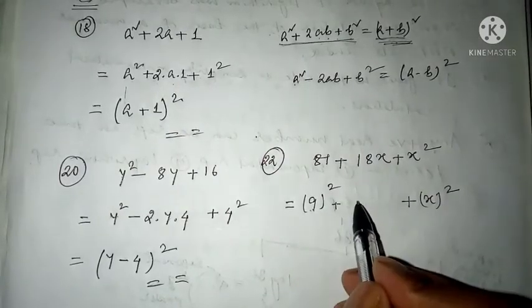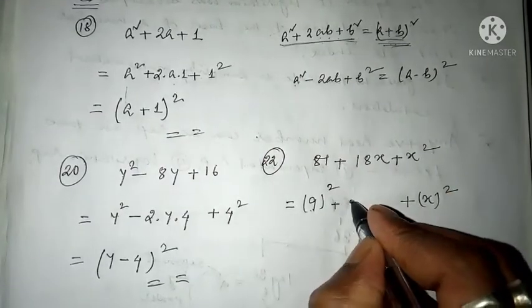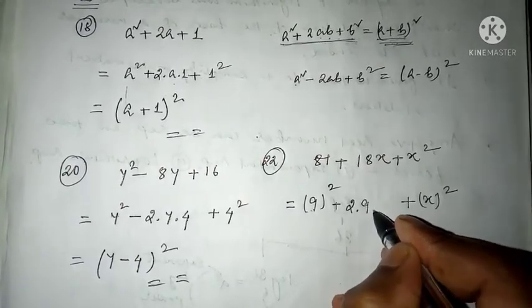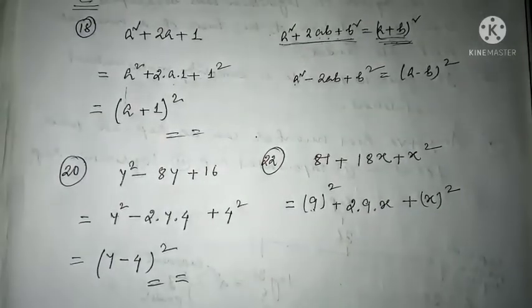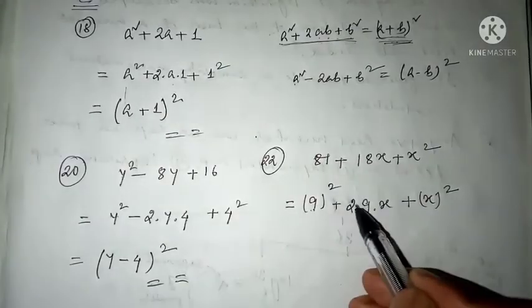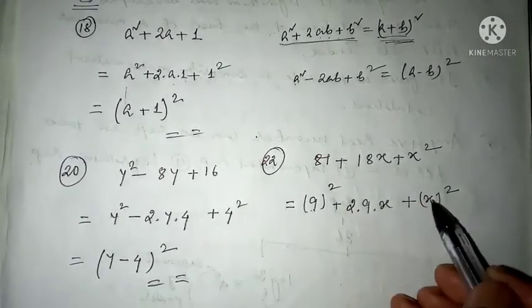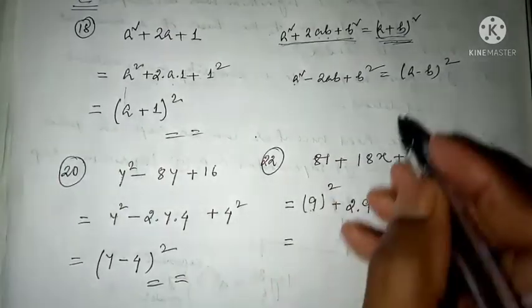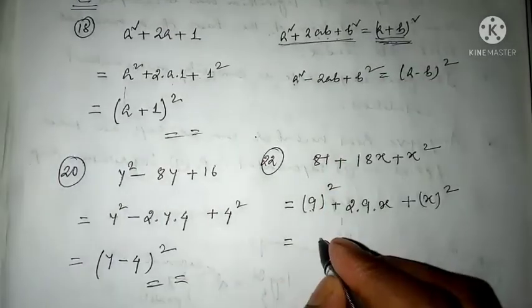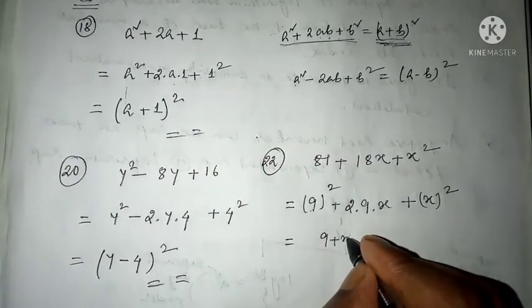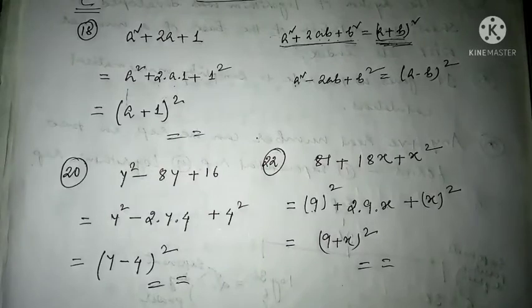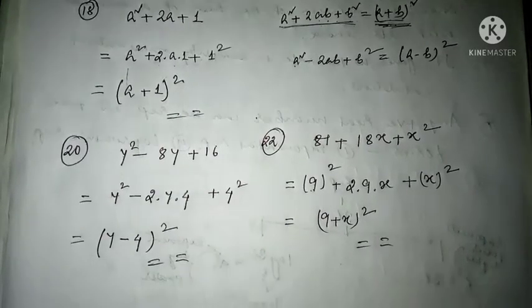Now we must have 2 times the product of first term and third term. Now see, 9 square 81 matching, 2 nines 18x matching, x square matching. Now according to the formula I have explained, I can write (9 + x) whole square. So this is the factorized form of the 22nd number question, that is 81 plus 18x plus x square.